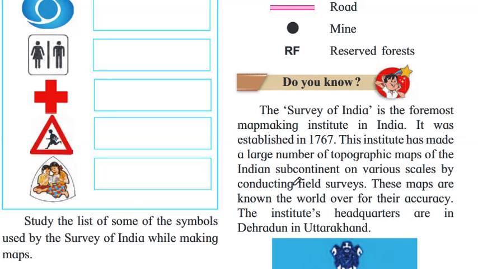By conducting field surveys, these maps are known the world over for their accuracy. The institute's headquarters are in Dehradun in Uttarakhand.